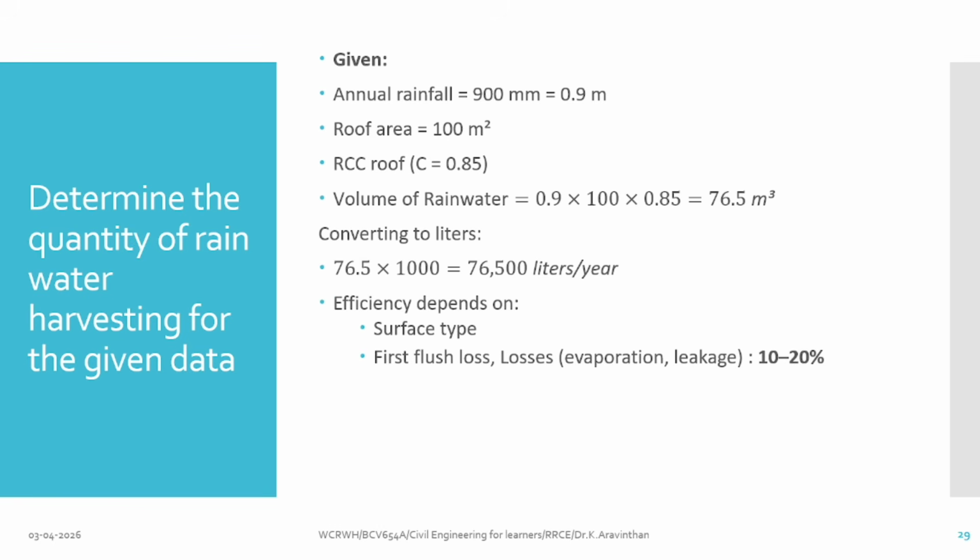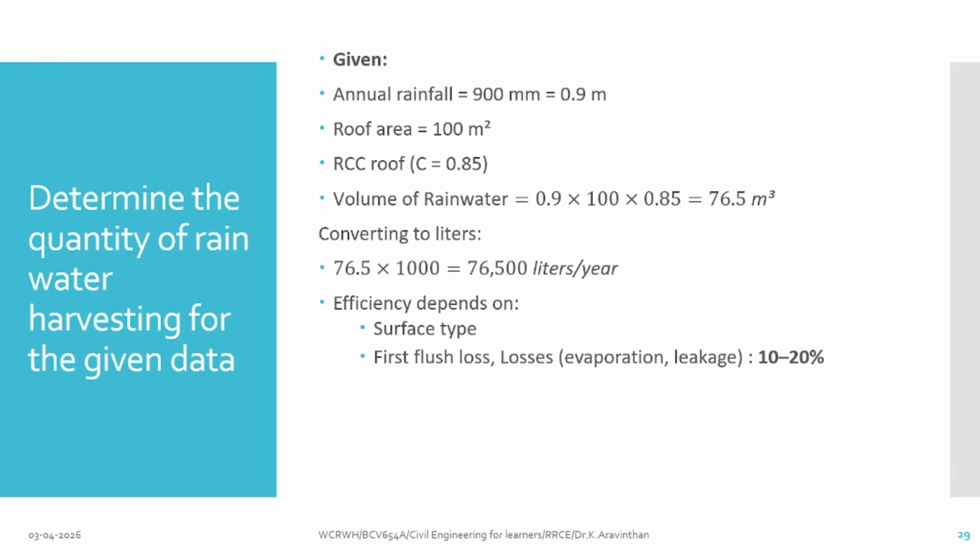Now, generally there will be losses. What are the reasons? First, flush loss, that is when the rainfall is occurring on a rooftop. When the first flush is occurring, the water carries all the dust particles in the roof. So these dust particles are being considered as losses. So it will be taken separately and it will be drained.